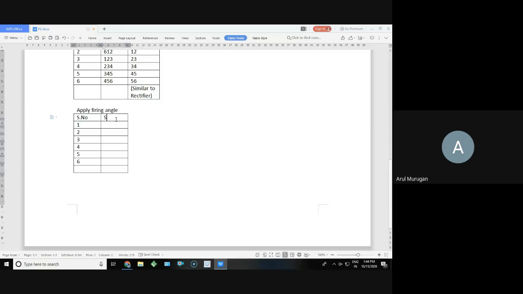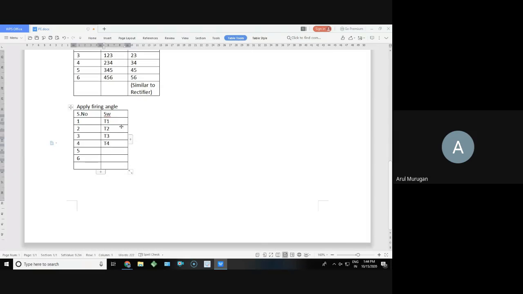The switches are T1, T2, T3, T4, T5, T6. There are totally 6 switches. Then the angle: alpha is equal to 0.